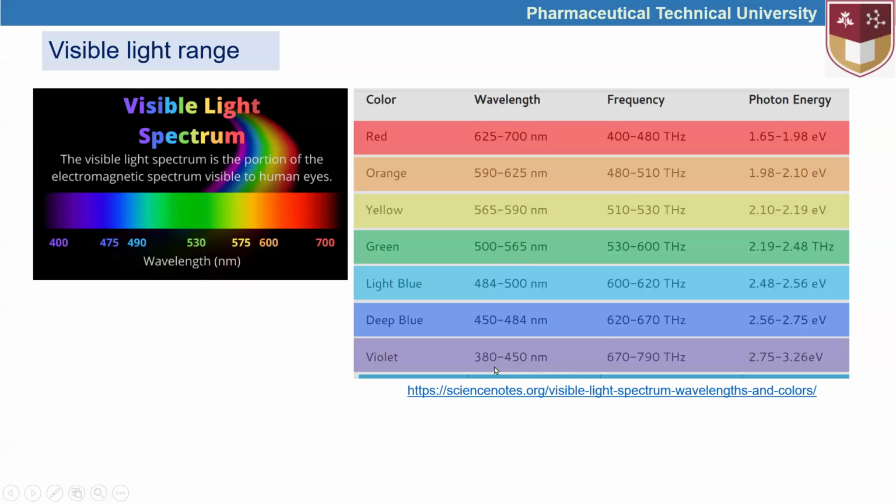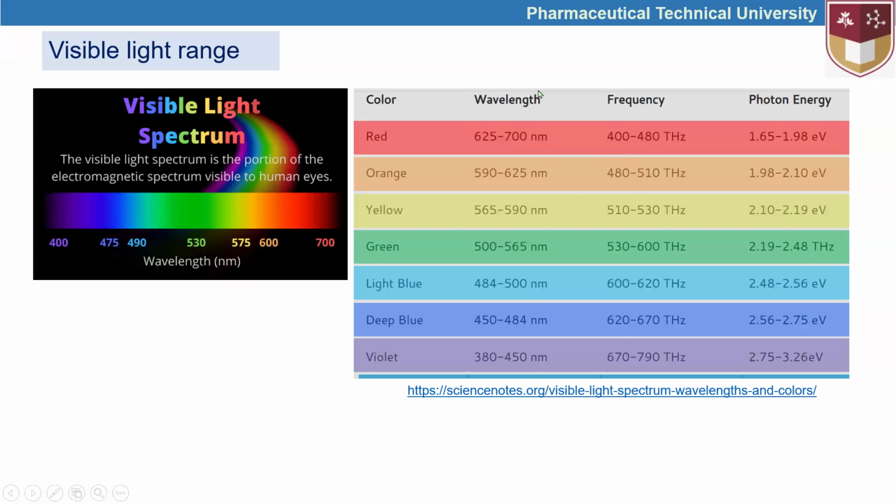Here we can see 380 to 450, and the frequency differs from 670 to 790, and the wavelength of the red color ranges from 625 to 700, where the frequency is about 400 to 480.